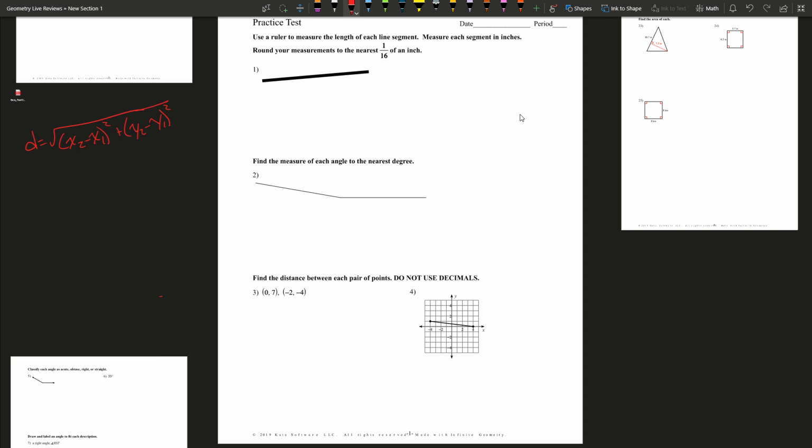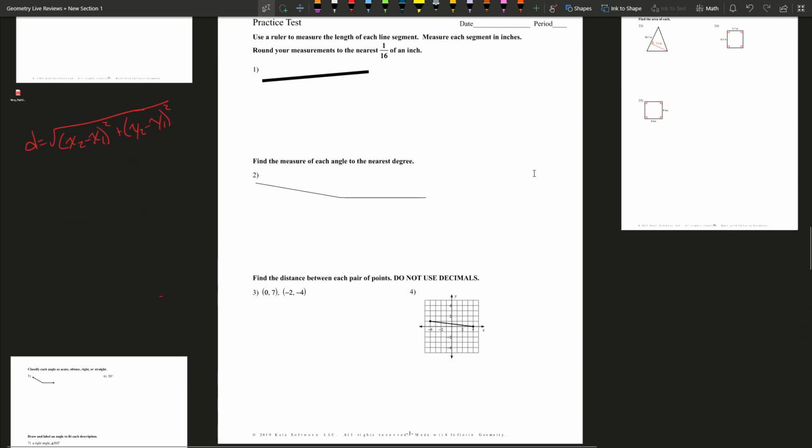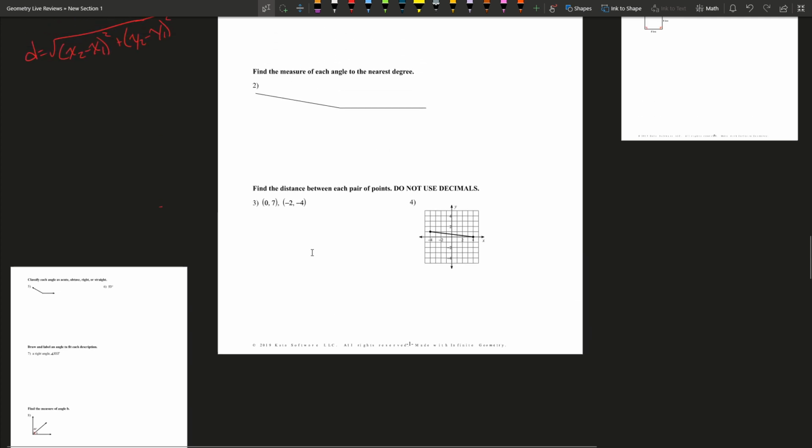Alright, so in number 3, this is the practice test I gave you. Number 3, this first point is x1, y1. This second point is x2, y2. So you just plug those numbers in.